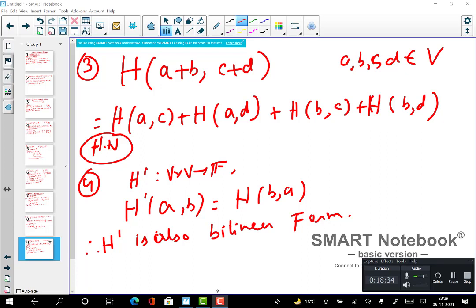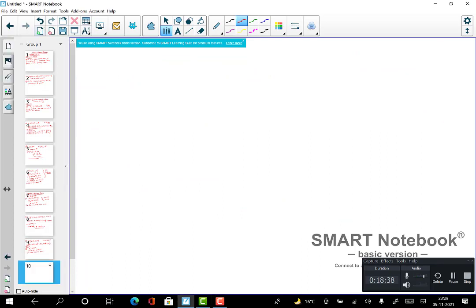Now let us try to understand my first question, the question I asked. What I wrote as B(V) is the collection of all bilinear forms on a vector space. Do we have a structure on it? The answer is yes.